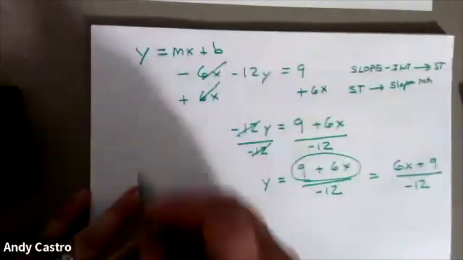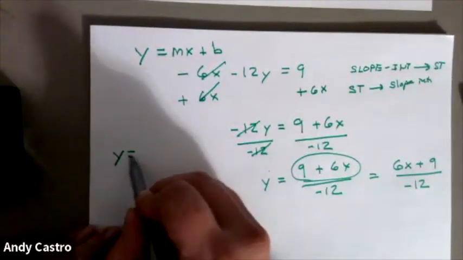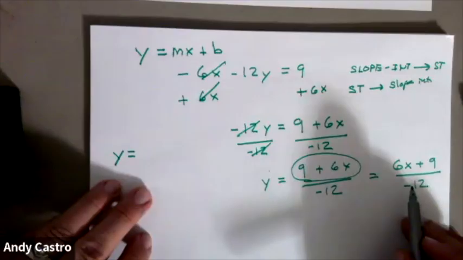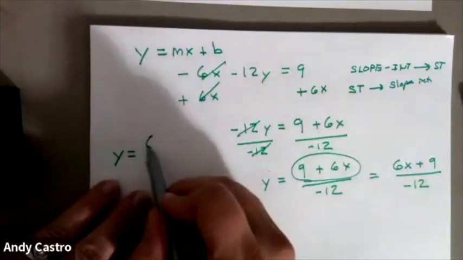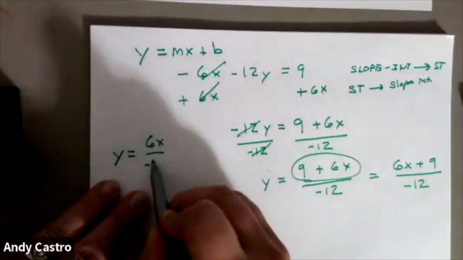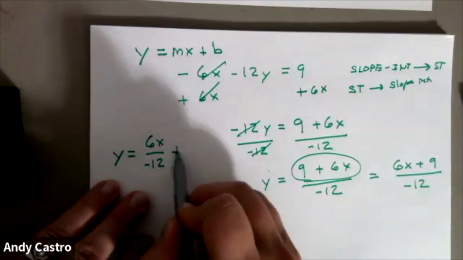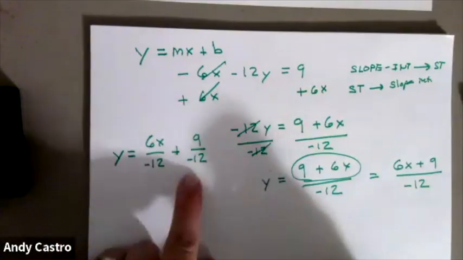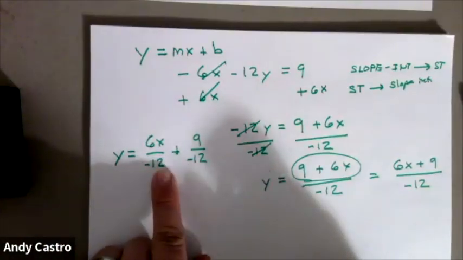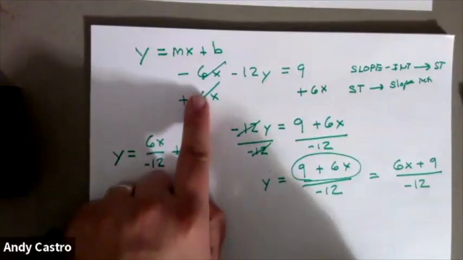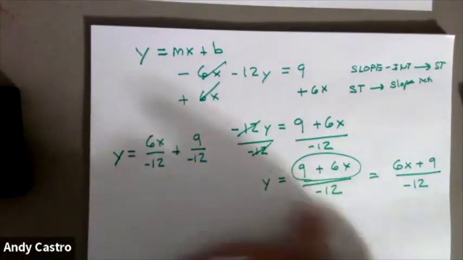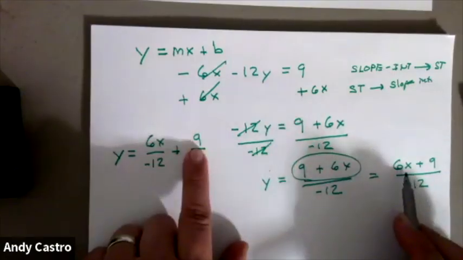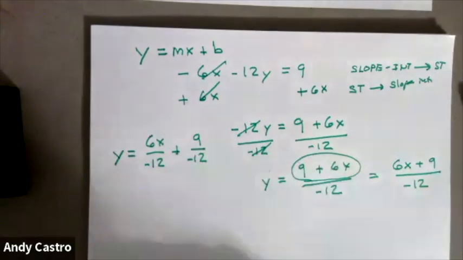So what I can do is split the denominator. So I have 6x over negative 12 plus 9 over negative 12. Right? If I had found the common denominator, which is negative 12, it remains on the bottom, and then I add the tops. So I'm just going kind of backwards, reverse from that.